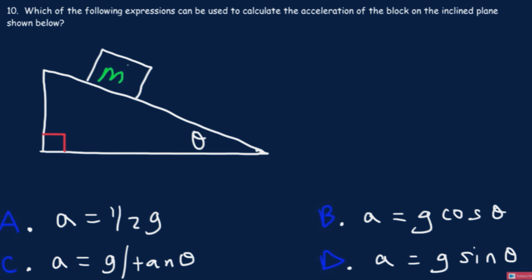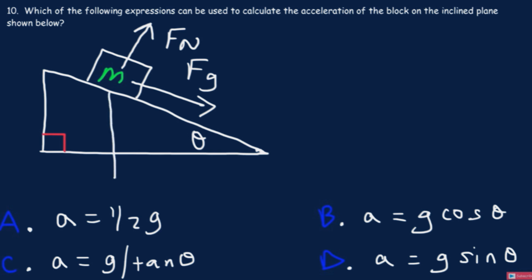So here we have the normal force exerted by the inclined plane on the block, and here this is the force of gravity parallel to the incline, so that is just a component of the weight force. So this is the actual weight force, mg.